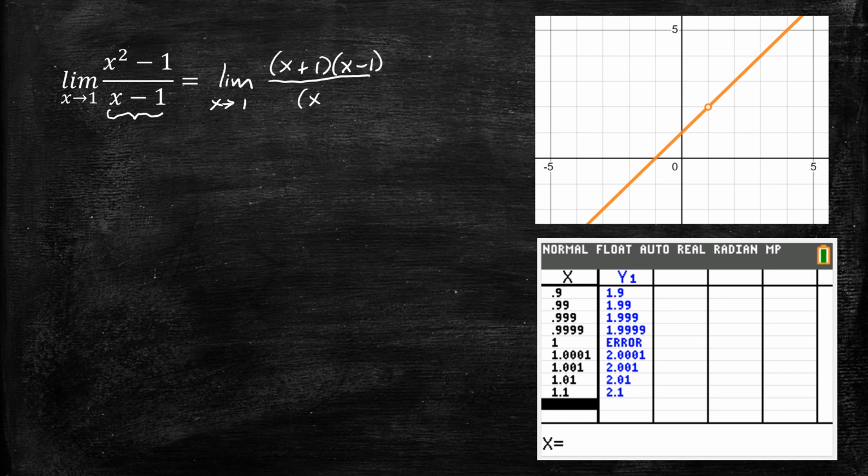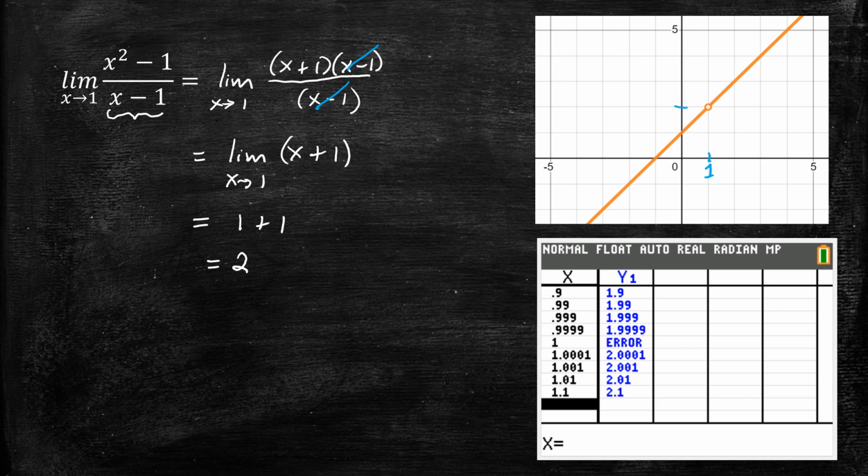Then we have that x minus 1 in the denominator, and at this point, x minus 1 cancels out at the top and the bottom, and we are left with a situation where it has become legal to plug in the value of x, i.e. use direct substitution. So we plug in 1 plus 1, we get the answer of 2, and we can confirm that once again from the graph.